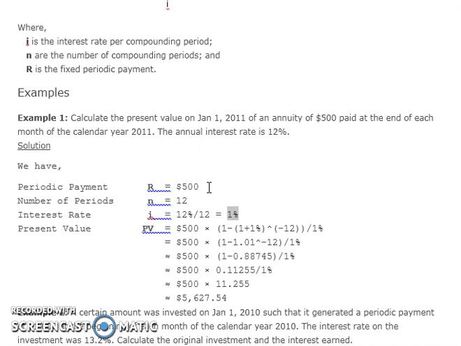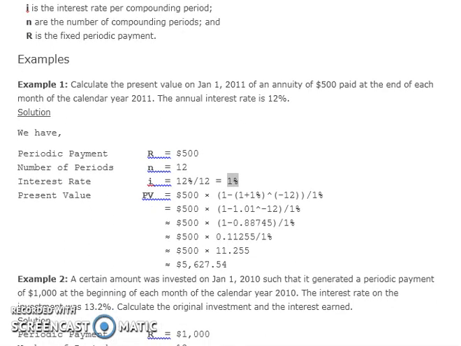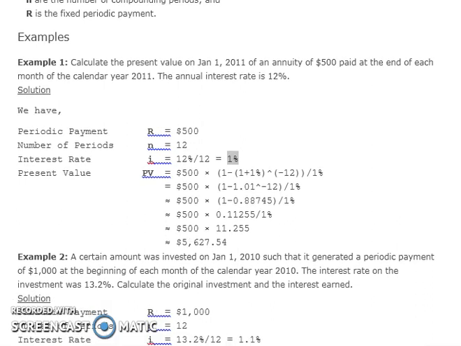This $6,000 has a present value of 5,627.4. This means that we have calculated the present value of an annuity.